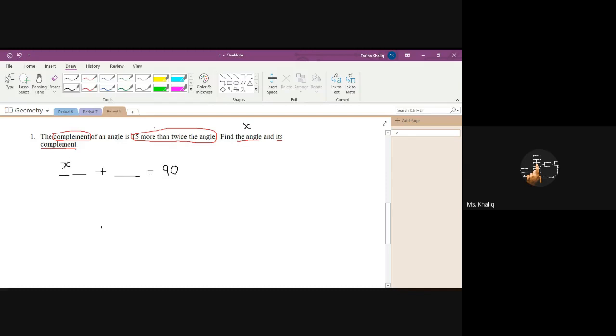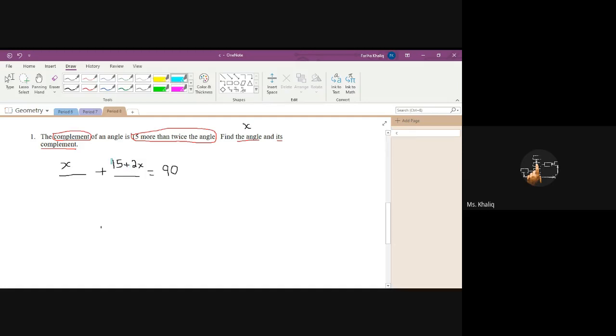And let's translate the 15 more than twice the angle into numerical form. So 15 more really means 15 plus, what is twice the angle? It's really 2x, okay? So now it looks like we have an equation. So let's try to combine like terms and solve for x.